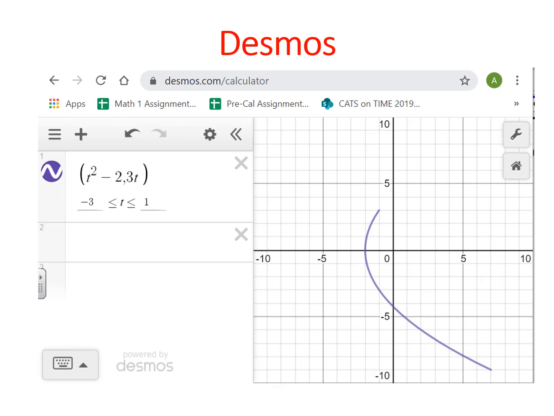So we had said on the previous slide, our Tmin would be -3 and our Tmax would be 1. And then you will see the same graph. I adjusted my window on this one to make sure that it would show from -10 to 10, just like the graphing calculator did in our standard window.